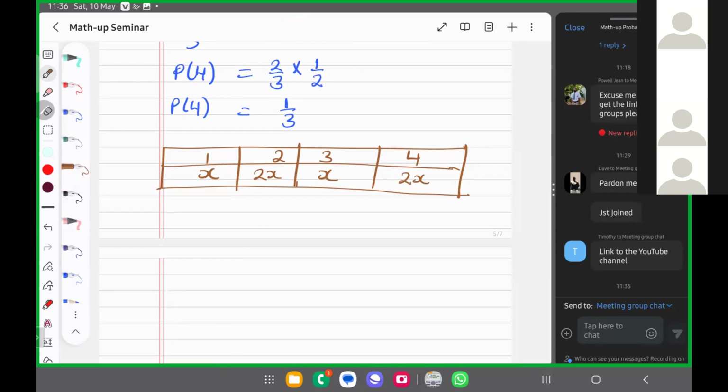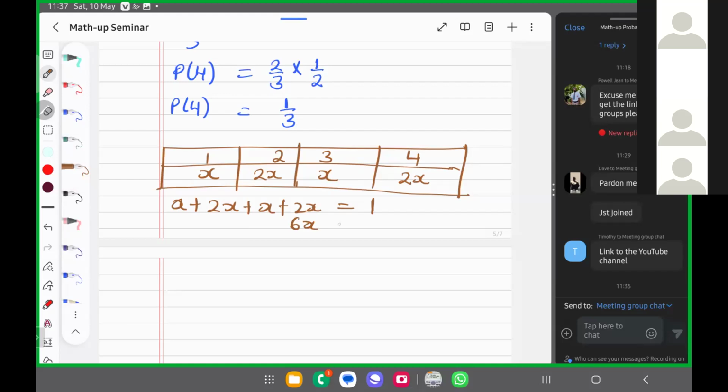So if I sum up those probabilities, I would have x plus 2x plus x plus 2x, and the total probability would be equal to 1. So 2x plus 2x plus x plus x would give me 6x.